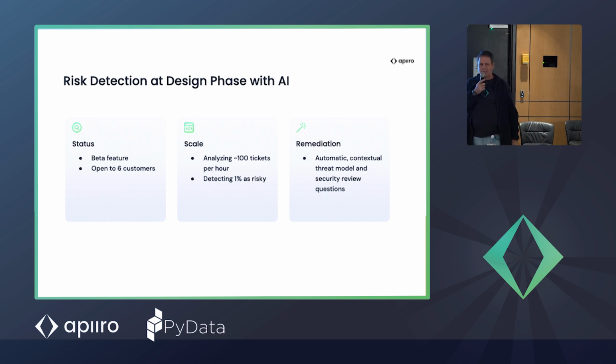It has 6 customers. We are analyzing about 8 tickets per hour, detecting 1% as risky. And as I showed you, we automatically generate contextual threat models and security review questions.